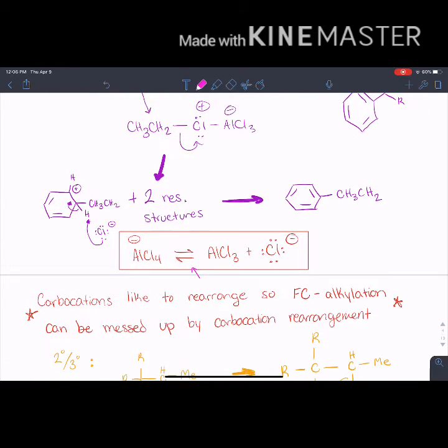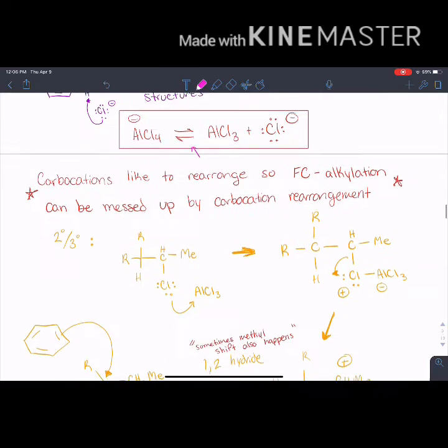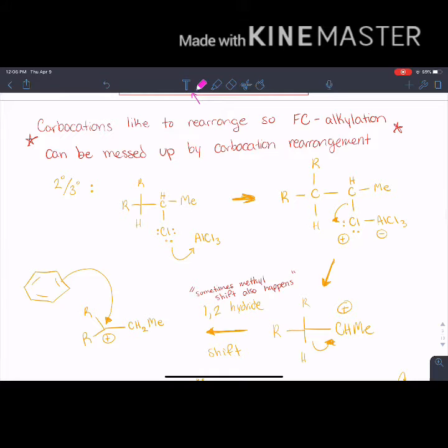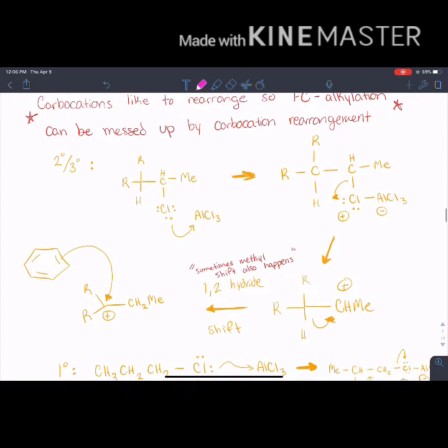So, like I said before, carbocations like to rearrange. Friedel-Crafts alkylation can go against what you expect just because of that rearrangement. A great example is when you have a secondary carbocation and then a hydride shift. Let me walk you through this.